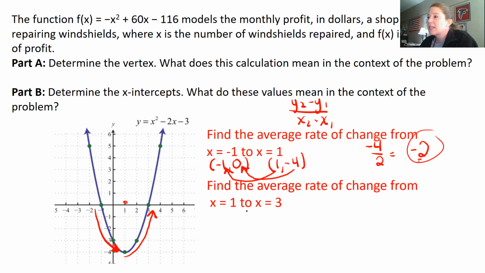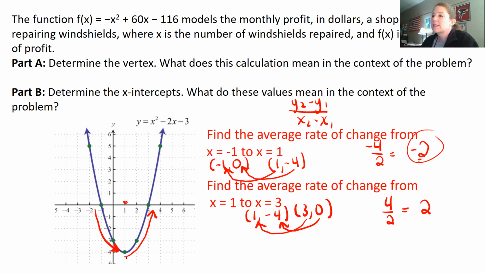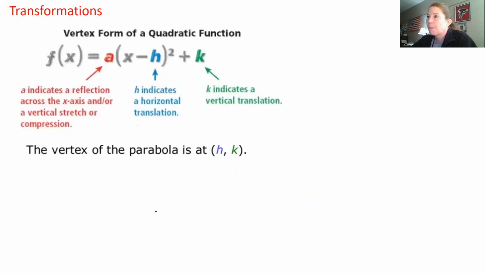When x is 1, y is -4, and when x is 3, y is 0. So 0 minus -4 is +4, and 3 minus 1 is 2. So our rate of change is +2, which makes sense because, like we said, that's increasing from those two points.